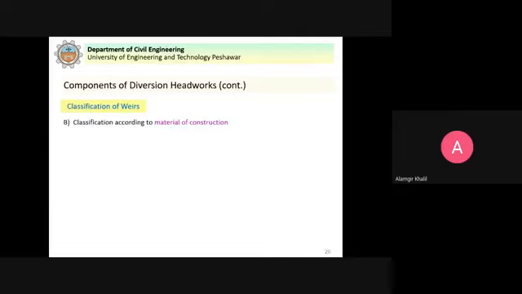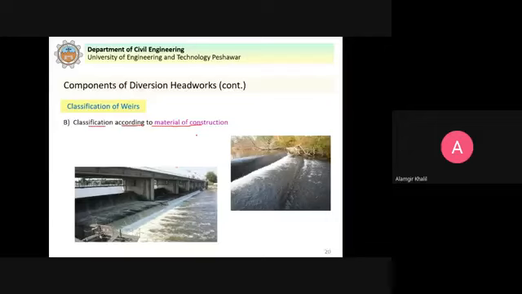So the second classification is according to material of construction. According to material of construction, we can have masonry weirs with vertical drop, rock fill weirs with sloping aprons, and concrete weirs with sloping glacis.